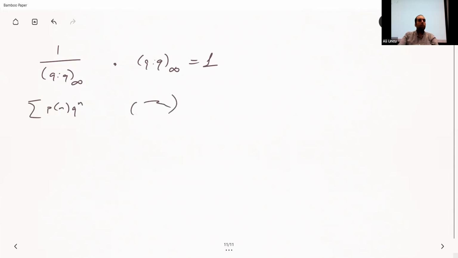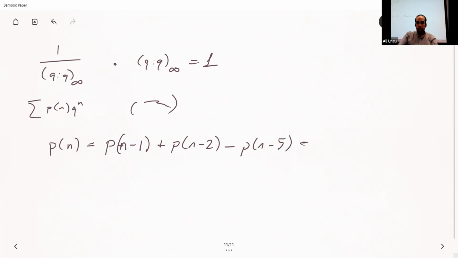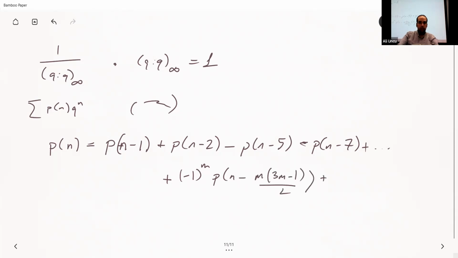This is something else. From this multiplication, you can actually show that the number of partitions satisfies a recurrence where Pn is equal to Pn-1 plus Pn-2 minus Pn-5 minus Pn-7 plus so many more terms, then a -1 to the m, that same m was the weight, Pn minus m(3m-1)/2, plus -1 to the m, again the same, Pn minus m(3m+1)/2, plus and so on.